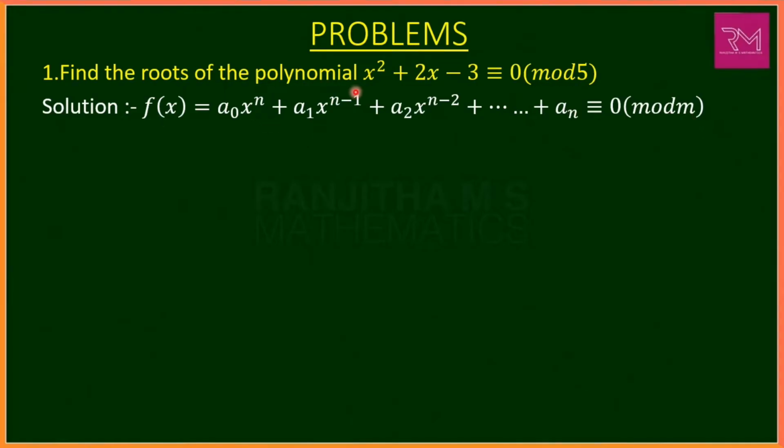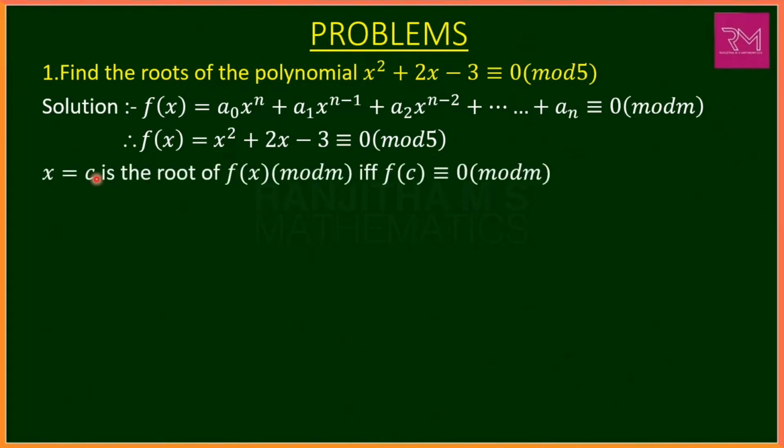Therefore, we can conclude that this is a polynomial congruence. So, x^2 + 2x - 3 is our f(x). Comparing these two, f(x) = x^2 + 2x - 3, which is congruent to 0 mod m. Here the m value is 5. Therefore, f(x) = x^2 + 2x - 3 is congruent to 0 mod 5.